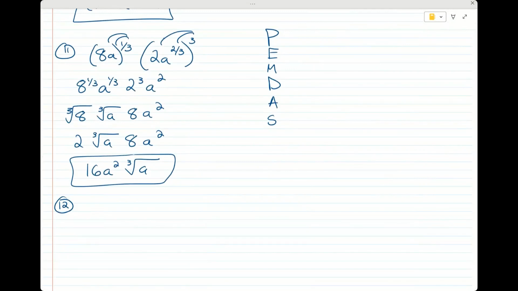All right, so number 12, we have the cubed root of 81, x to the 5th, y to the 6th, z to the 13th.